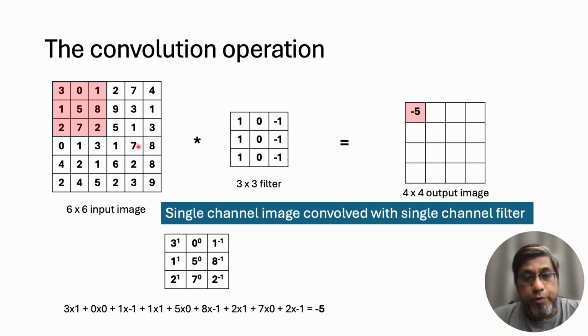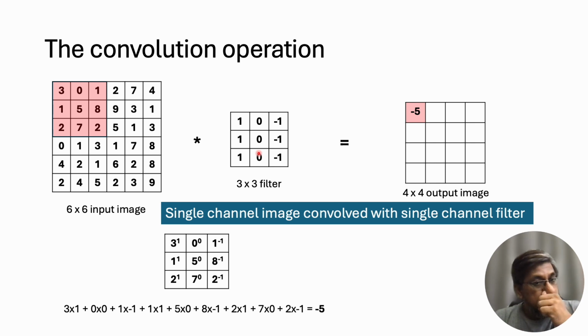What we do is we use a window which has the same dimensions as the filter. So the filter is 3 by 3, so we use a window of size 3 by 3. The window is highlighted in red over here. That's the window which has the same size as the filter.